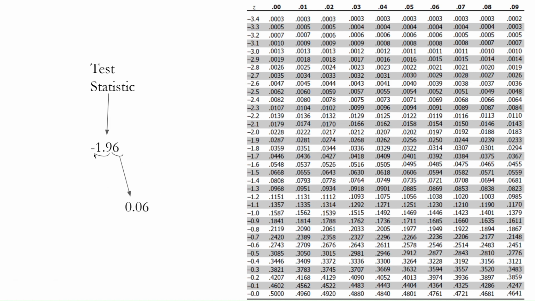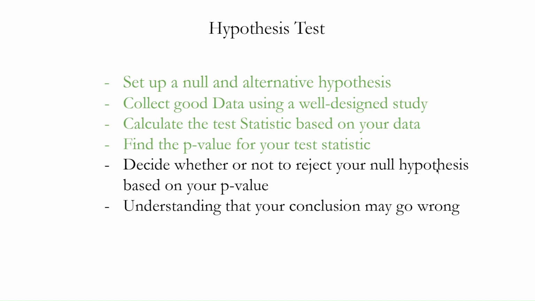So think of this as minus 1.9 and think of this as 0.06. Now we have to look for minus 1.9 somewhere over here. And there you go, I found it. It's right here, minus 1.9. Now we have to look for 0.06, and there it is. We found both of them, and now we just have to intersect. Now that we intersect, we find that the p-value is 0.0250. That's how you find the p-value of your test statistic.